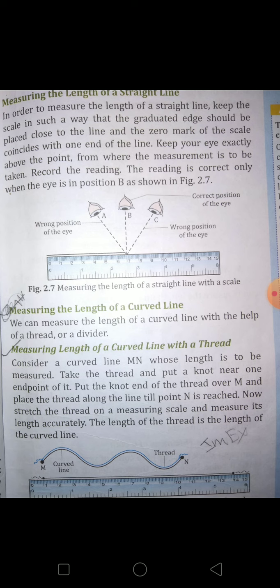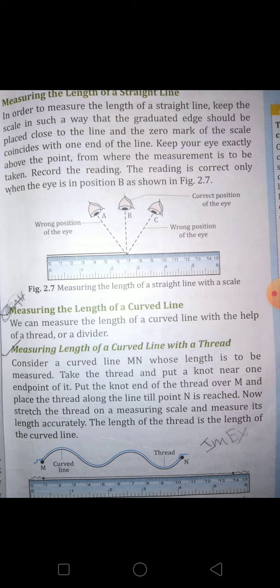You should not see the point like this. So B is the correct position of the eye. From that point you observe, then record the reading, and the reading is correct only when your eye is positioned at B. Here you can see the reading is coming nearly 7 centimeters.